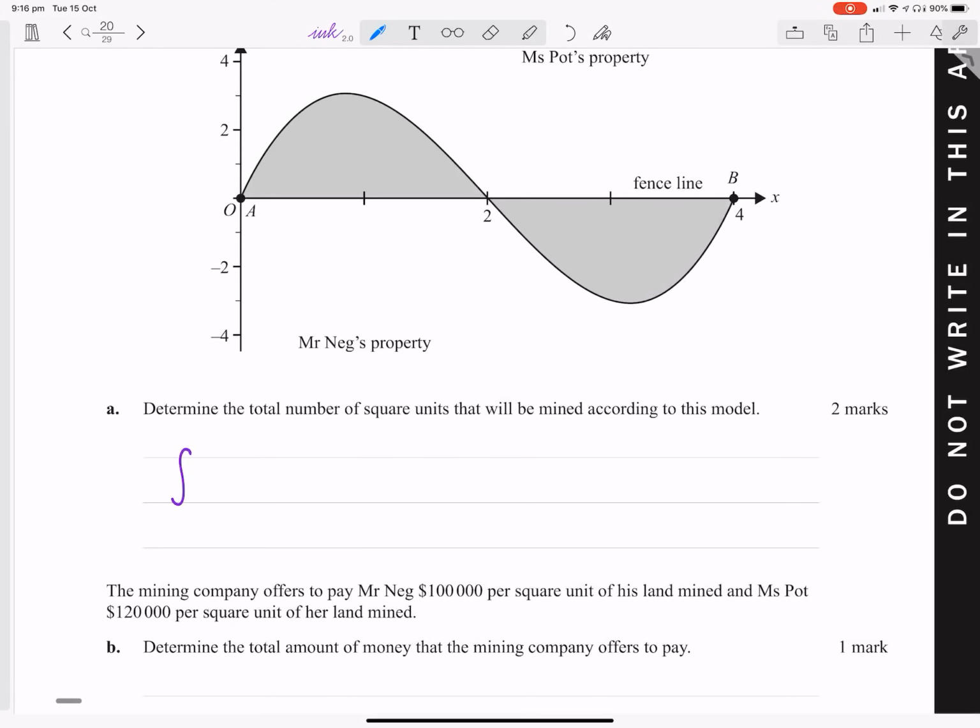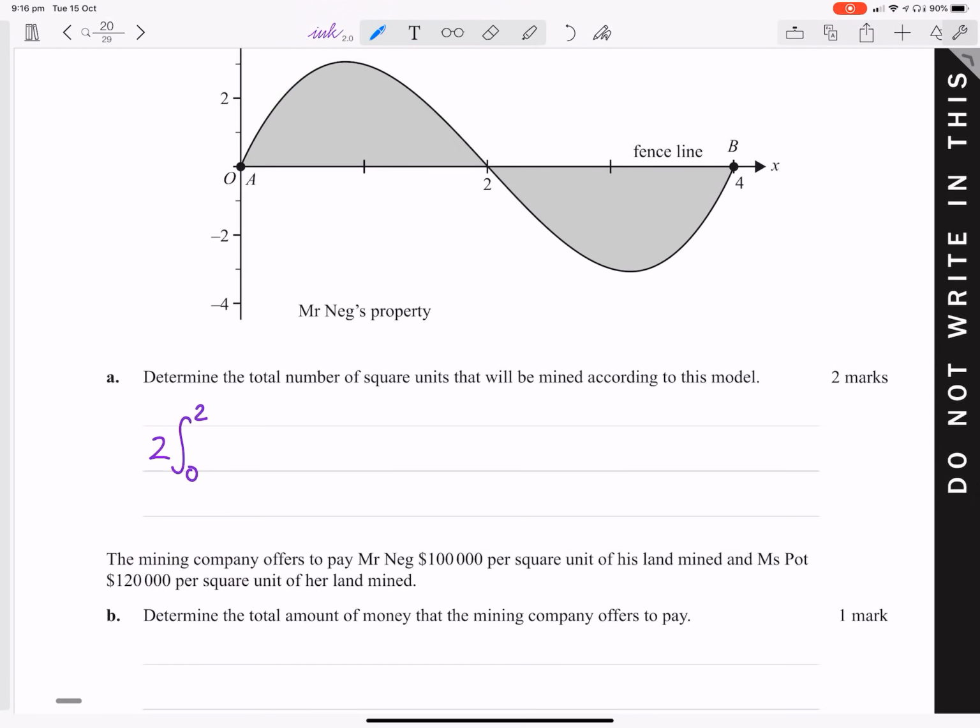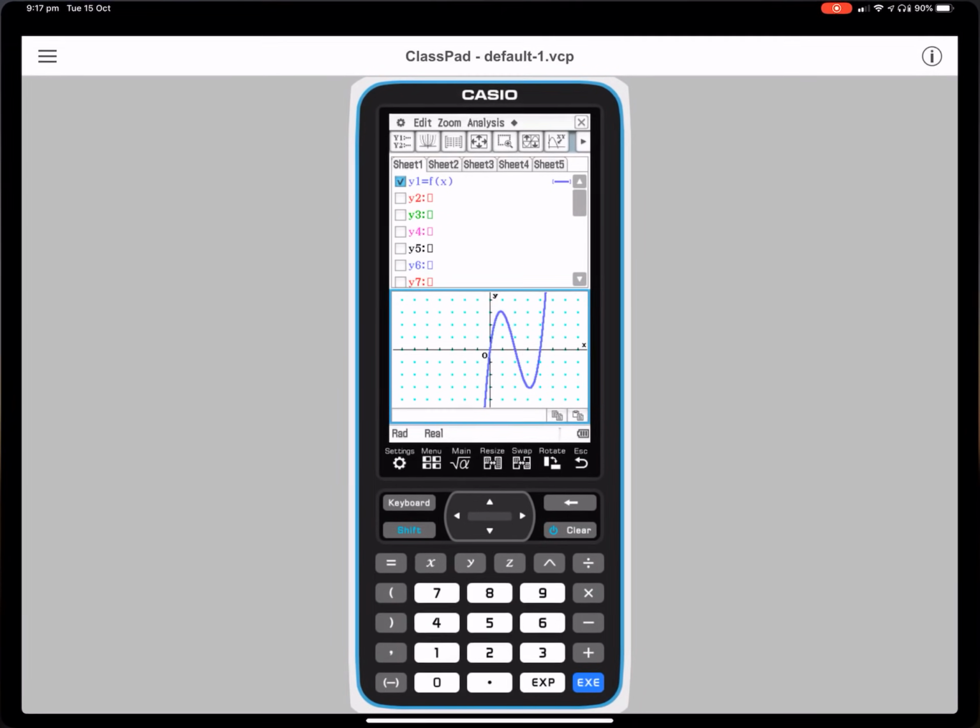Okay, so we integrate. It is symmetric. So we could go 2 times 0 to 2 of x minus 2. Actually, because it's an area and you've got a CAS, you could go 0 to 4 of the modulus of x minus 2 x minus 4 dx, because you've got a calculator.